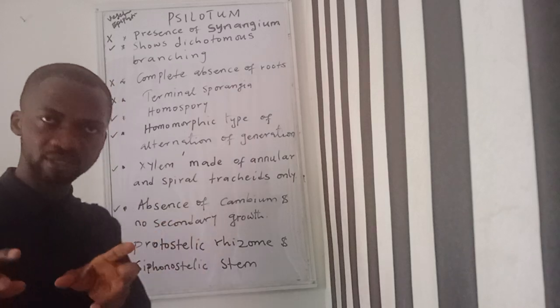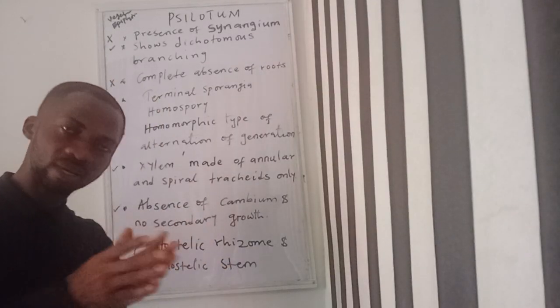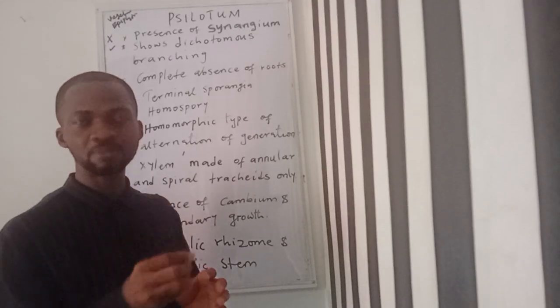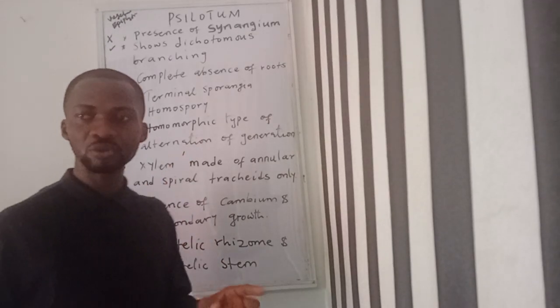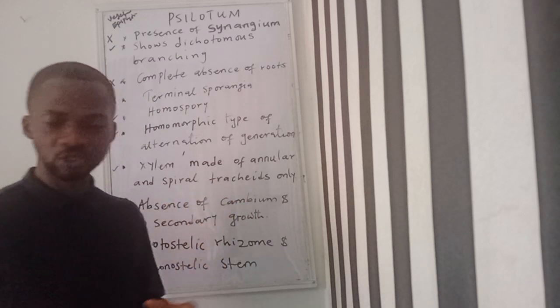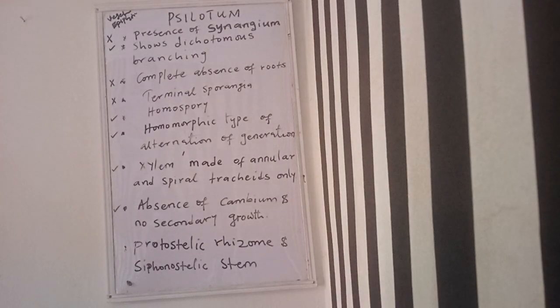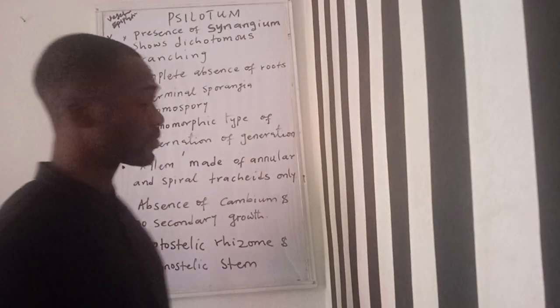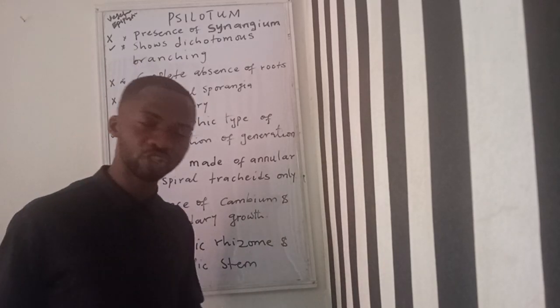You discover that the male and the female sexual organs are located on a single prothallus, and that makes it monoecious. That means there is a collection of both male and female sexual organs on a single prothallus.